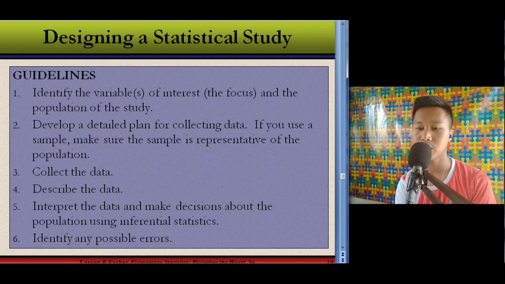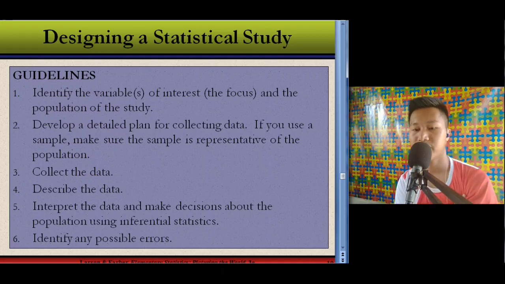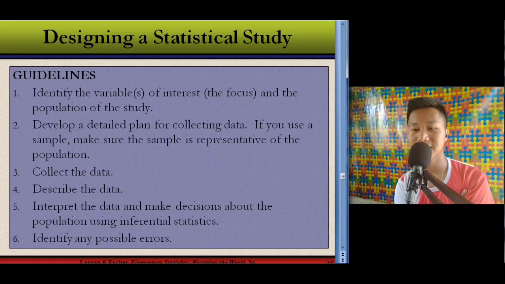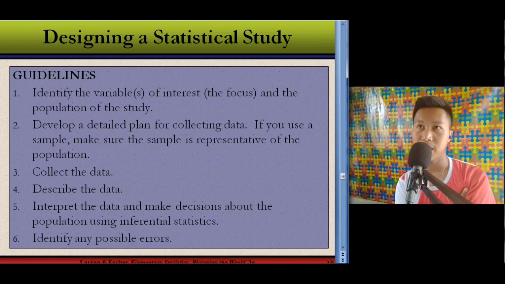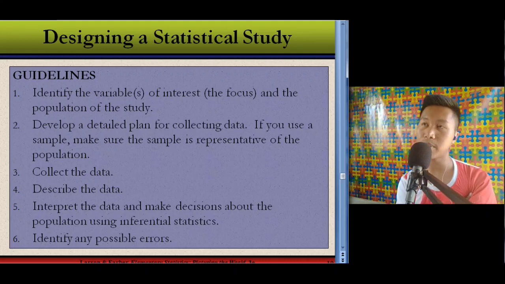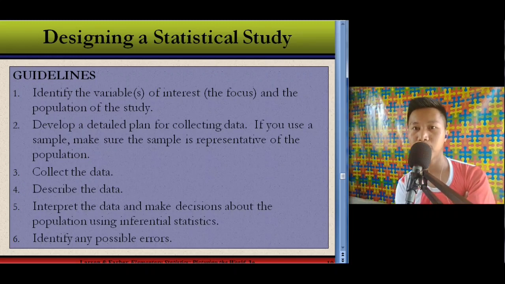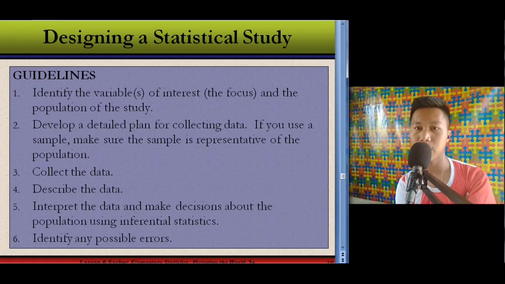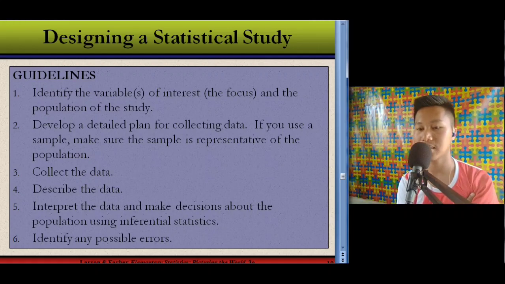And for the fifth one, after presentation, you can interpret already the data and make decisions about the population using inferential statistics. Diba, inferential statistics is making a conclusion of the entire population just based on the sample. Gikan sa sample, makakonclude na ka sa tibuok population. That is what we call inferential statistics.